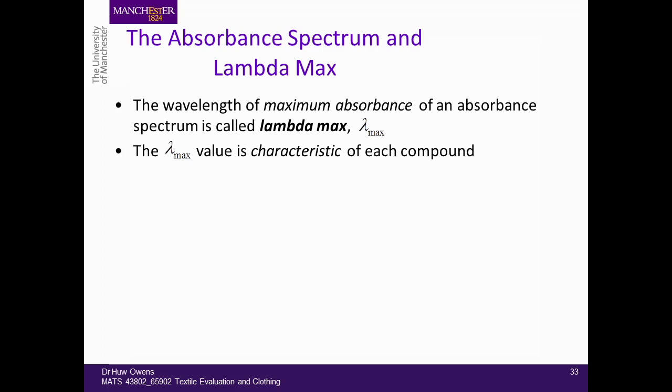So lambda max, what's lambda max? Well, often what we find is, instead of being in this 400 to 700 range, many dyes will have a peak outside of that range. And all that lambda max is, is the location of the peak. Now lots of dyes will have a single peak like this, certainly a lot of the natural dyes.